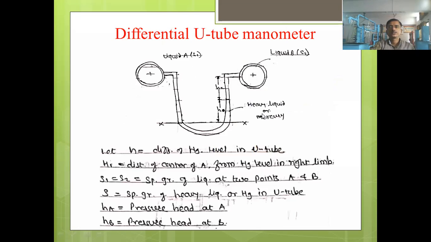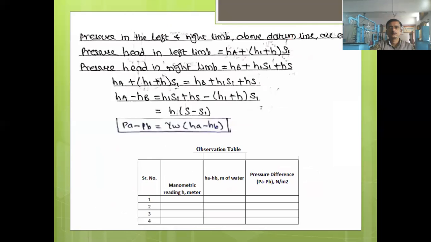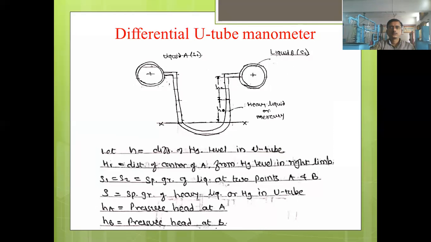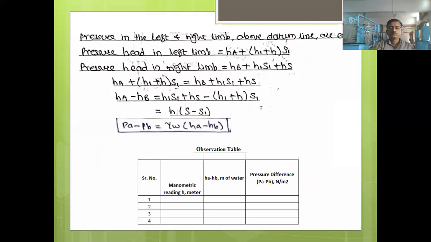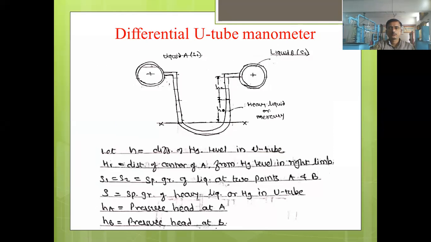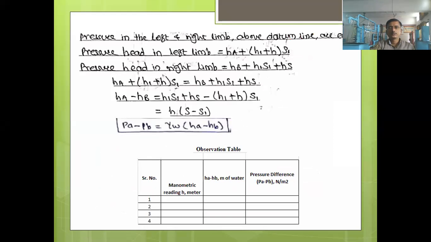Next, write down the title: Differential U-tube manometer. Observation table, four columns.